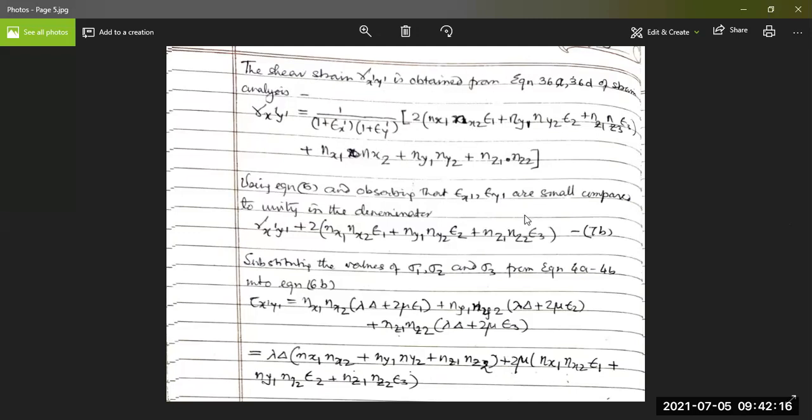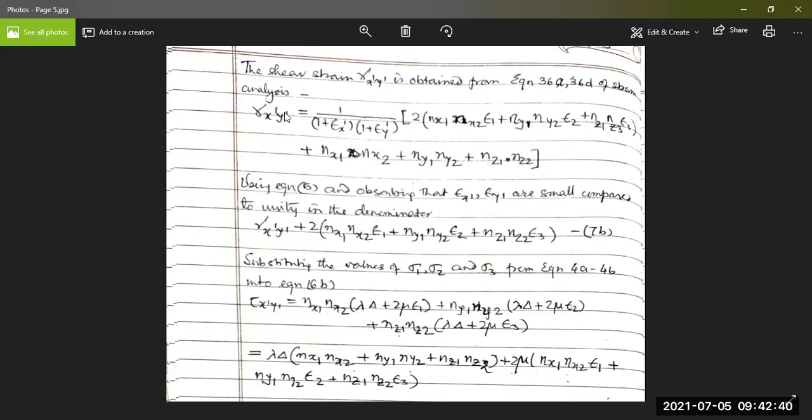Now, what is found from this equation is that epsilon x dash and epsilon y dash are extremely small compared to 1. So we can safely say that 1 plus epsilon x dash into 1 plus epsilon y dash is equal to 1 itself. And we have already calculated just a minute before that nx1 nx2 plus ny1 ny2 plus nz1 nz2 is equal to 0.